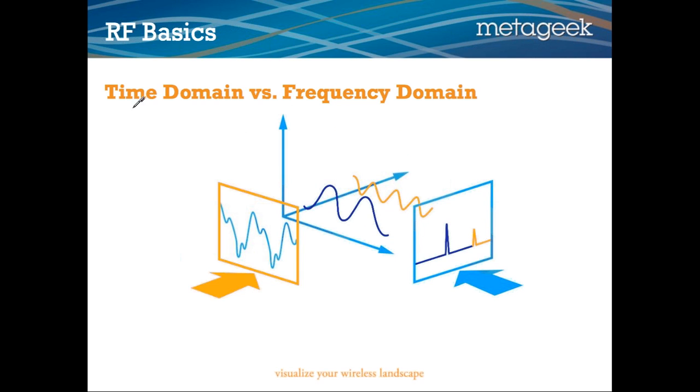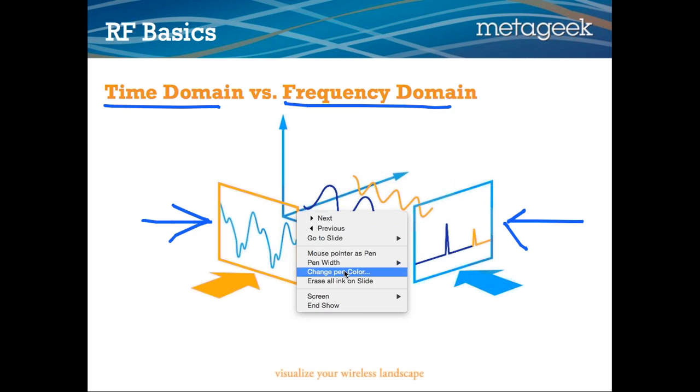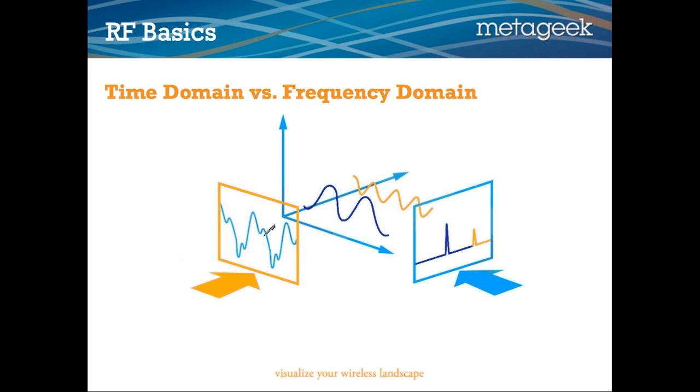So one thing I want to talk about really quick is the time domain versus the frequency domain. Basically, the difference between an oscilloscope and a spectrum analyzer, which is on the right. Some of you may wonder, why are we using a spectrum analyzer instead of an oscilloscope? Well, it all comes down to which domain we are looking at. With an oscilloscope, we get to see amplitude, and we get to see how often things are happening on the frequency that we have selected.